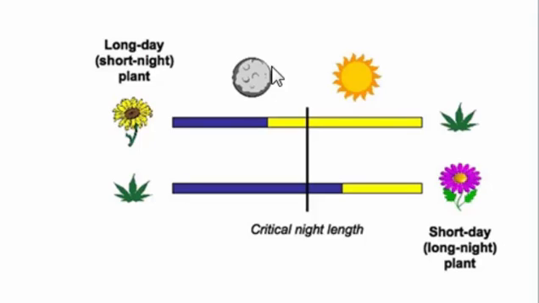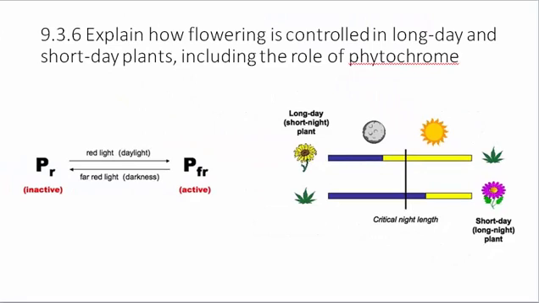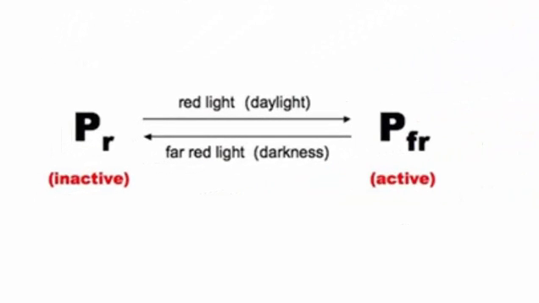And this is important because the plants need to flower when pollinators are present. And this control of flowering by light is done through phytochrome, which is a blue-green pigment. This image here on the left shows you how phytochrome, the inactive form PR, absorbs red light during the day, at 660 nanometers, and gets converted into the active form PFR, and it does this rapidly.